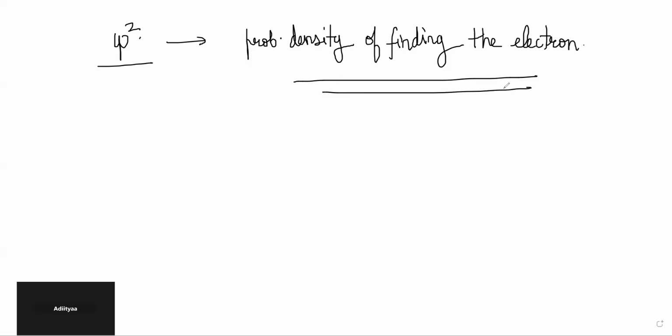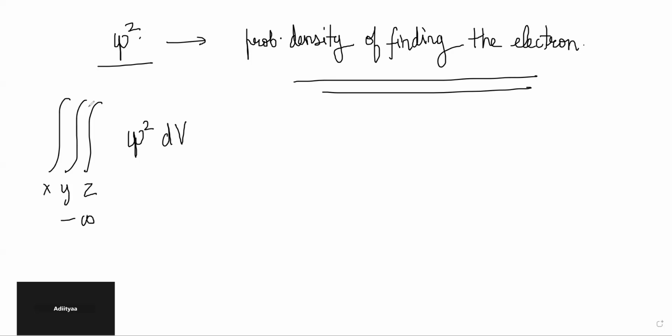So actually, the function is such that if you do psi square dV integral over all three variables from minus infinity to plus infinity, then this will be equal to +1. What this means is the probability of finding the electron in all space, from minus infinity to plus infinity, is obviously +1, right? You are guaranteed to find an electron somewhere, right?